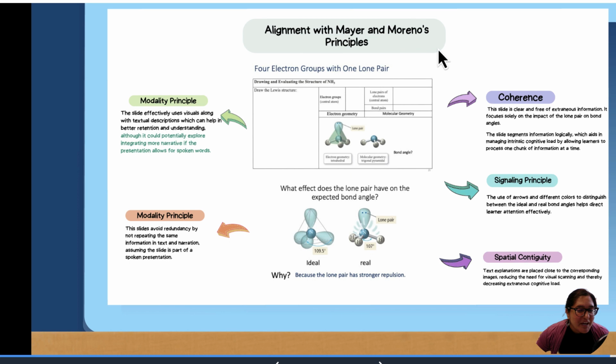This alignment with Mayer's principles is a refining process. And this is the beauty of reflecting on teaching practices. I'm going to look at it and I'm going to present it to my students, and if I can see and track whether they're following along, they're engaging with the content, they seem to be able to retrieve that information and that knowledge that they've had previously.